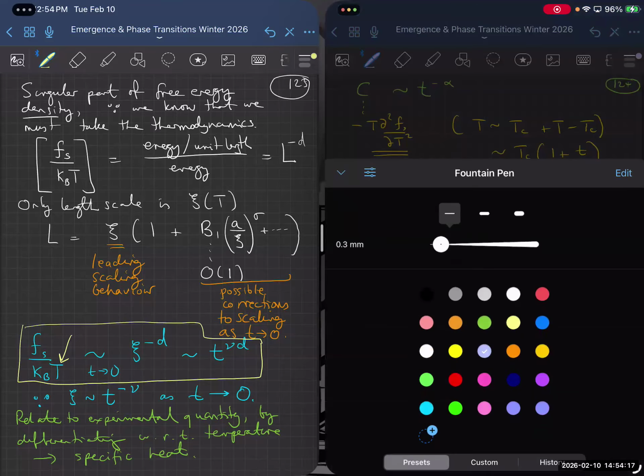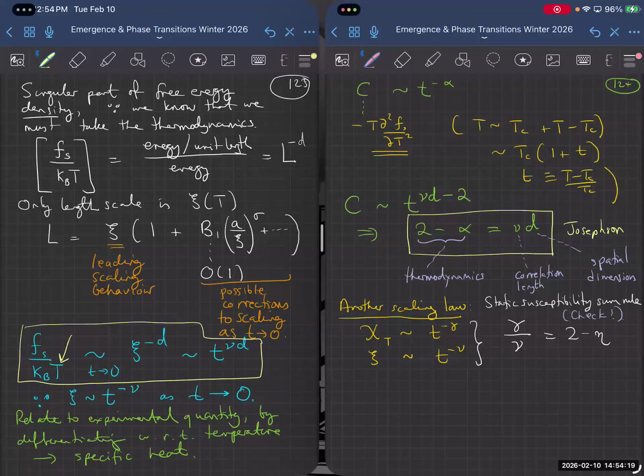now let's talk about the renormalization group. So the next topic we're going to discuss is the formal theory of the renormalization group. And we're going to ask, well, what is it that we need to do?